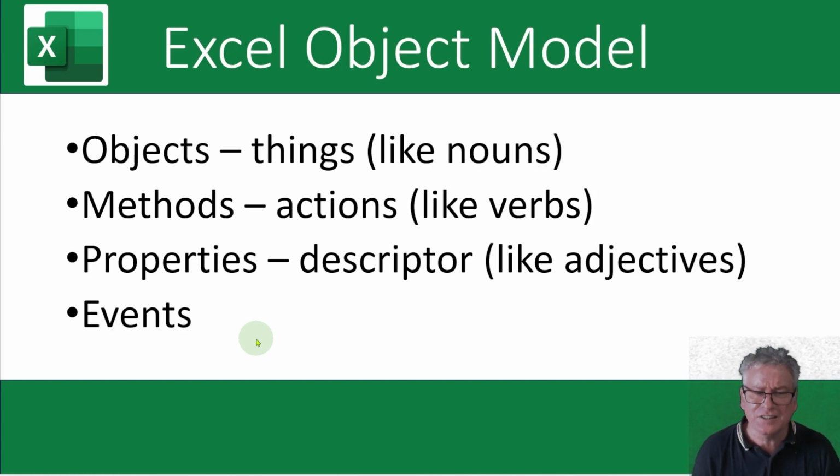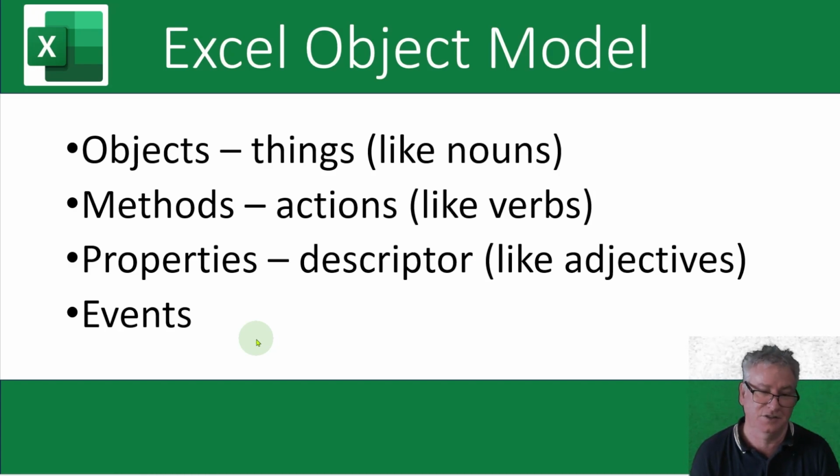Then objects have methods. Now, a method is like a doing word. It's something that you get the object to do, or something you do to the object. So you could have a human object and you could feed the object, all right? Or you could make the object run, all right?